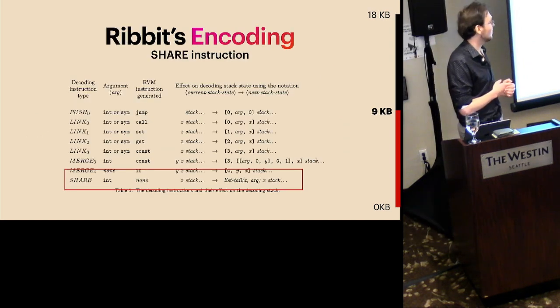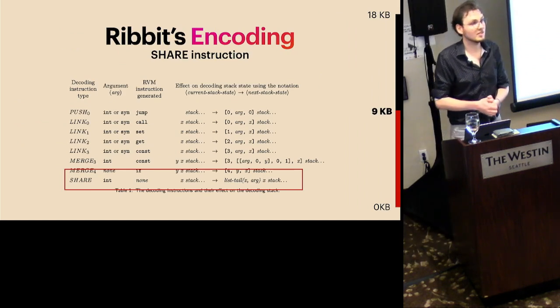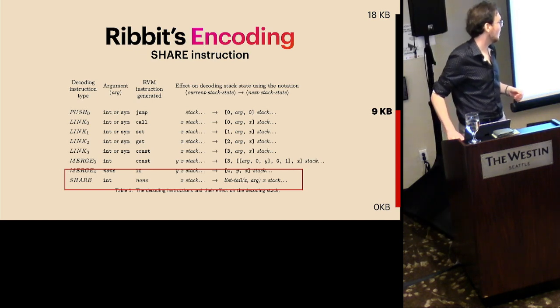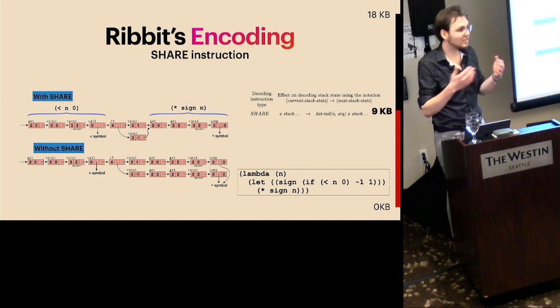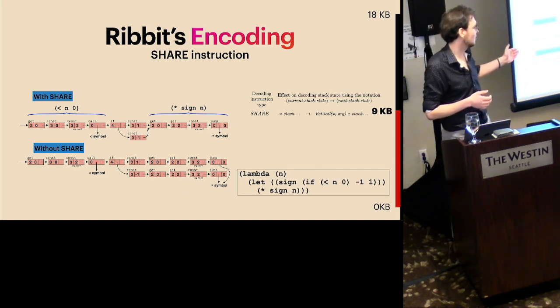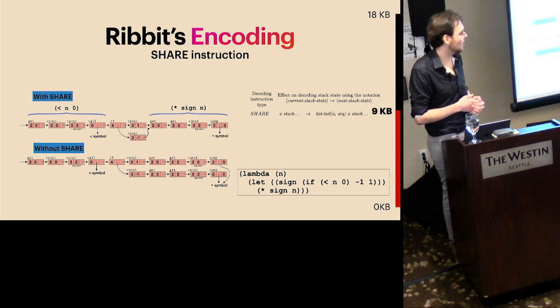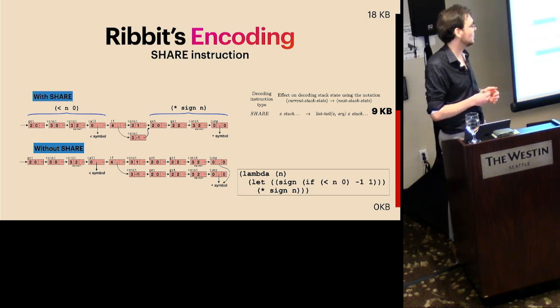Now I'm going to talk about the share instruction. This is the instruction that allows us to represent the code graph as a directed acyclic graph. As we can see here, we added a new instruction. Before the share instruction, we could only express a tree-like structure like this. This is a simple function that turns a number into a positive value.